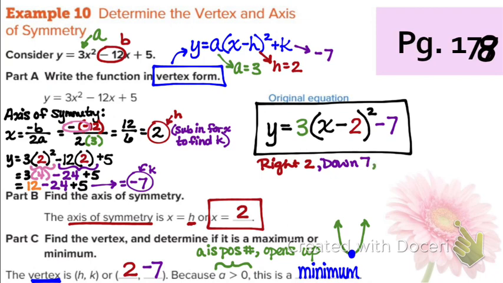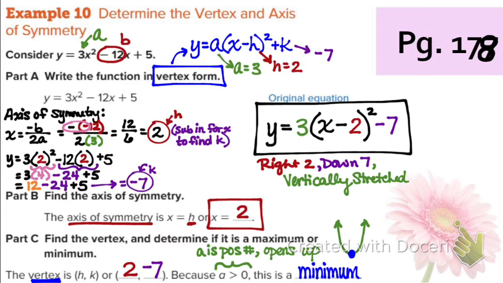Vertically stretched. So you can either use the completing the square method that your book showed, or you can use the negative b over 2a, the axis of symmetry method, and then plug back in to find k.